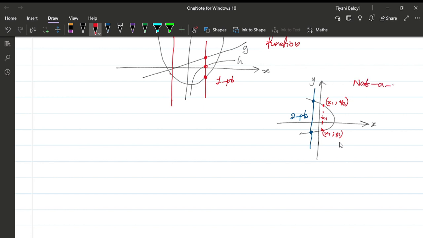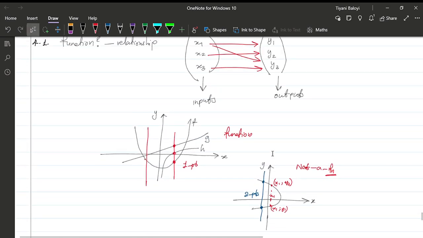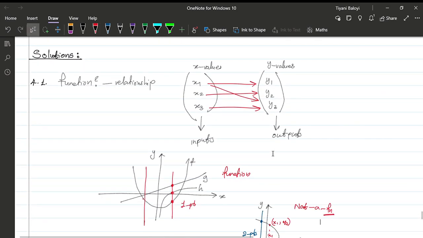So that's what a function is, right? It's a relationship between the inputs and the output for one x value. Oh yeah, I think I made a mistake here. Because for one x value, you have only one corresponding y value.